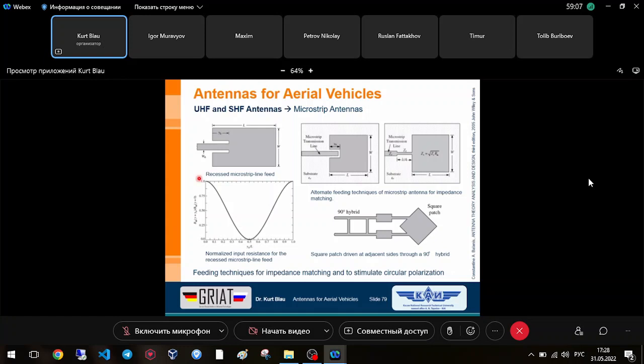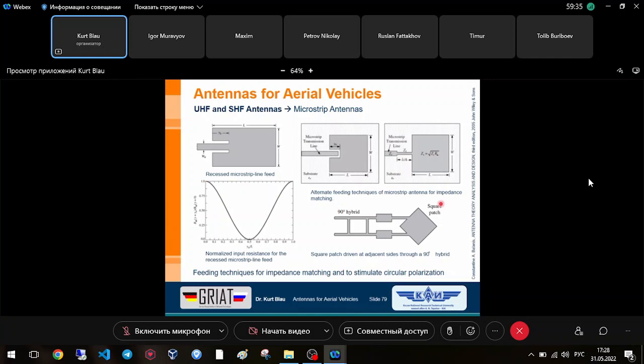And at the edge of the patch element, it's normalized to the input impedance. It's 1. And yeah, you can see here, if you go further, the input resistance is going down, or it's decreasing until 0. This is what you can see here from this graph or from this figure.